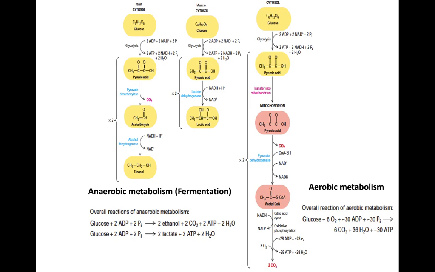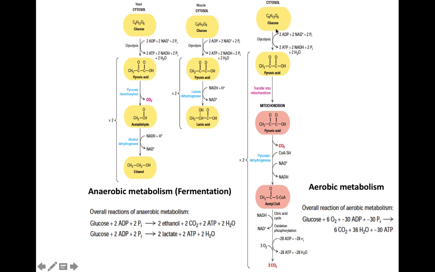So let's talk about the yield of glucose. We have two types of metabolism, aerobic metabolism and anaerobic metabolism. Both of these take place in eukaryotic cells. This aerobic metabolism is the same as what we just talked about.